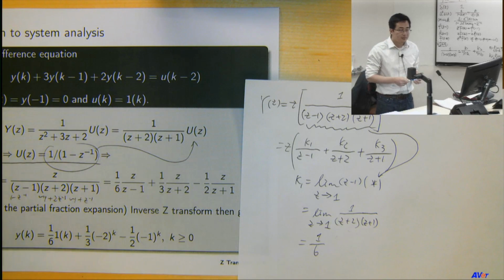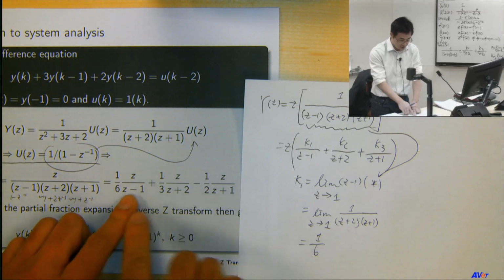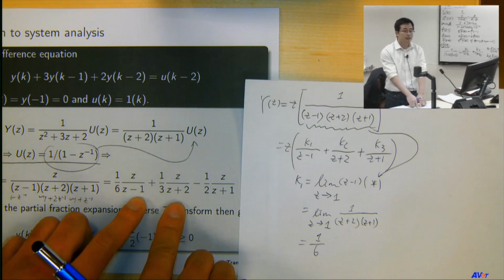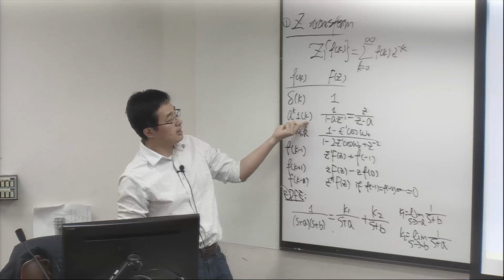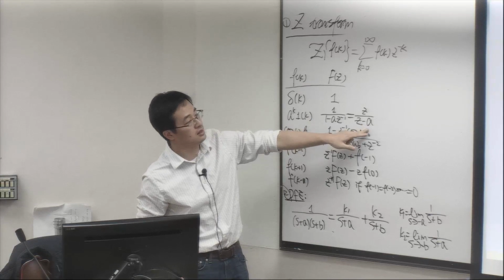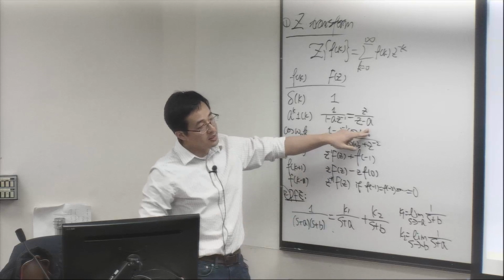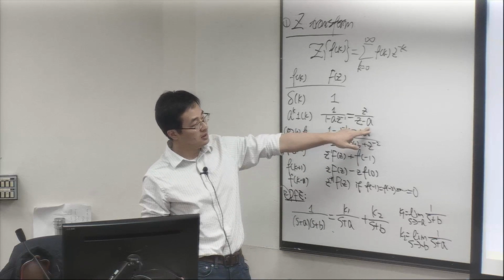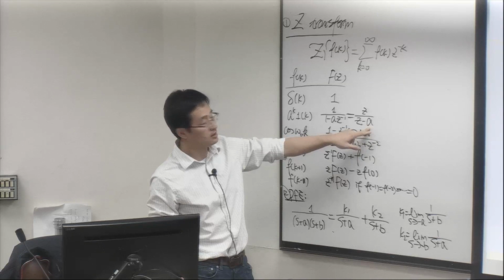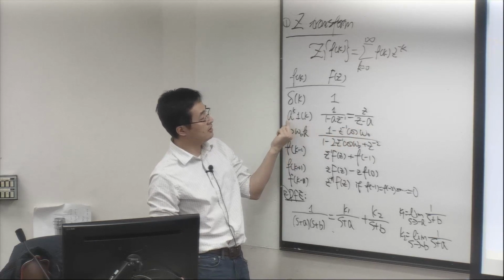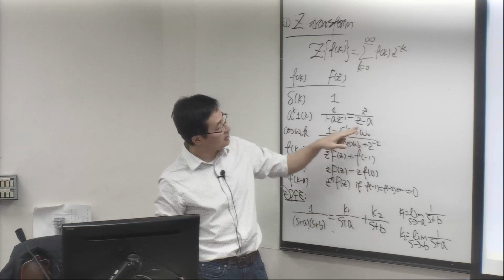Now, after this step is done, all these are very familiar to us. This is precisely some modification of this formula. So it's going to be a geometric sequence, a to the k. The difference is what a is here. If I take a look at z over z minus 1, a is 1. So the first component of y[k] is going to be a step function, 1 of k.